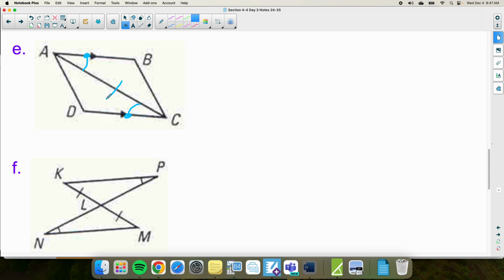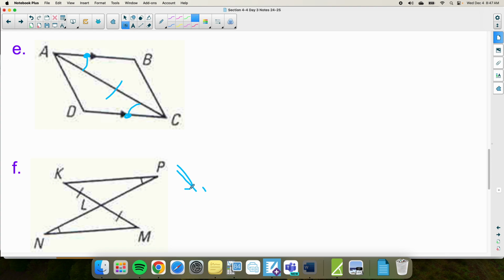Reflexive, right? Now, if you look at one triangle, we don't have vertical angles. We don't have any right angles. We already marked alternate interior, and we already marked reflexive. So that leaves us nothing to add. And if you look at one of the triangles, there's only an angle and a side. There's nothing else on this triangle.